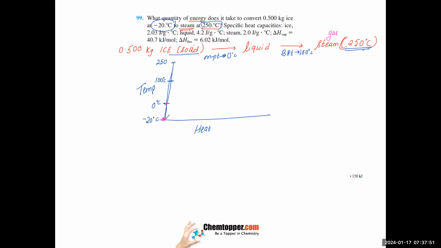So there is a rise in temperature. The graph will go like this. There is no change in the state. This is solid. What happens at 0 degrees Celsius? It starts melting. This is melting, which we also call fusion. And after that, there is a further rise in temperature up to 100. This is the liquid state. At 100, boiling.